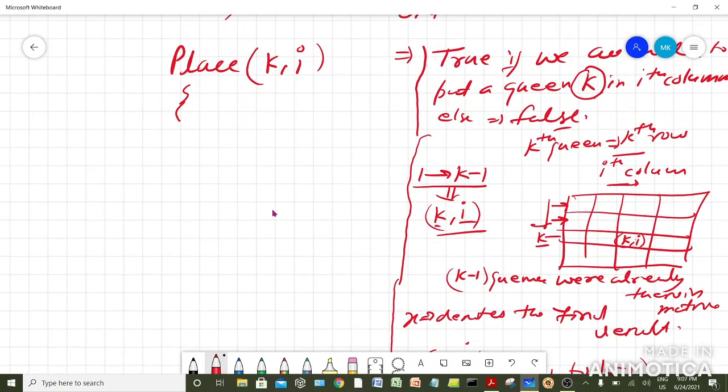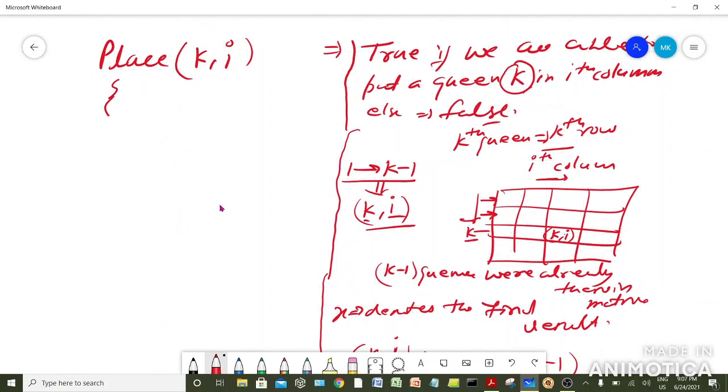Now let us try to write the algorithm for place of k, i. So this is your place function. We are trying to place the kth queen in the ith column, or we are trying to place a queen in the kth row and ith column. So we need to make a check on the previously placed queens. So j is equal to 1 to k minus 1. We need to run a loop.